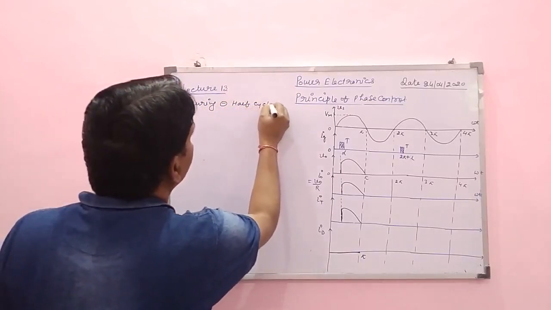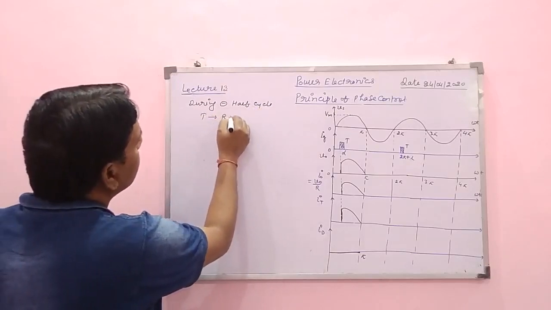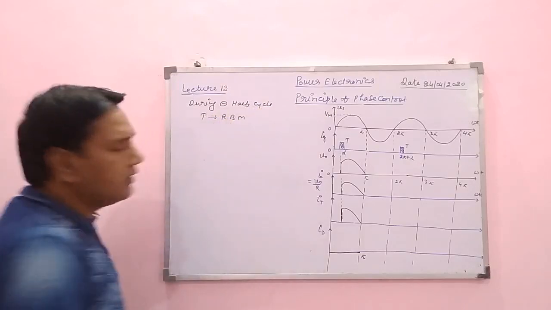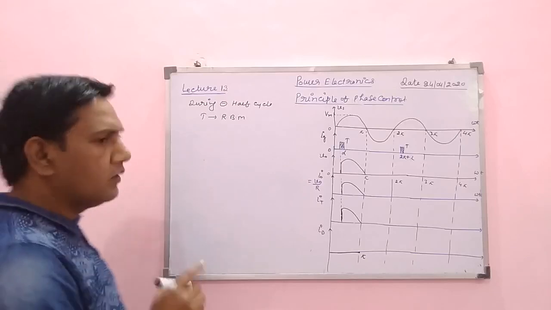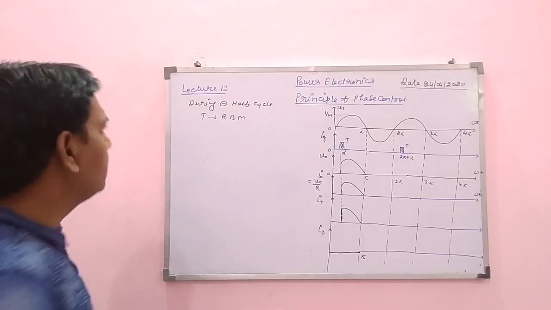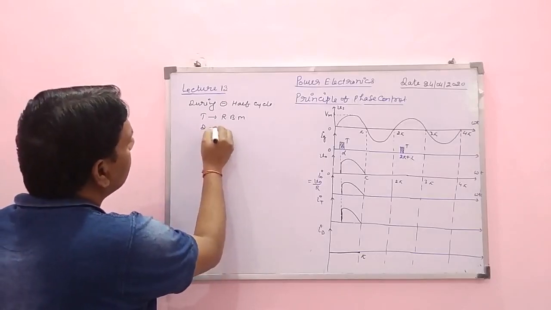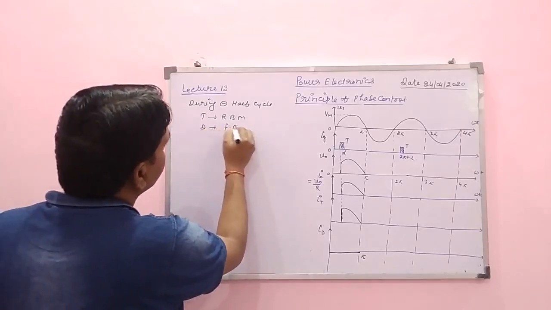you can see here that thyristor T is in reverse blocking mode, because anode is connected to negative and cathode is connected to positive. That's why. And diode D will be in forward bias condition.